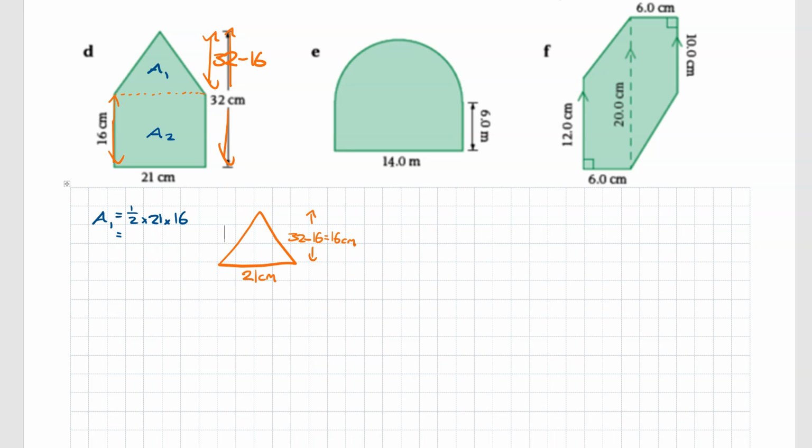And putting that one in our calculators, it's going to come out to be 168 centimeters squared.